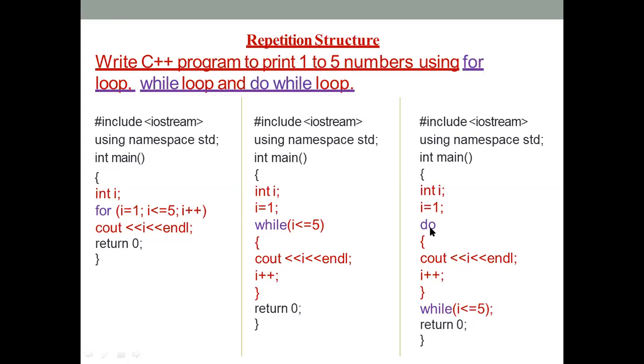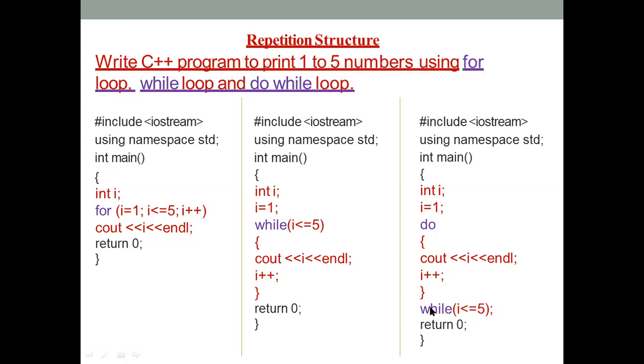Okay, so how about the do while loop? In the do while loop, the first part is the same thing here, but in do, you don't write anything here. Only while i <= 5 goes down at the last. After do, you write all these things, but this while is put down at the bottom.